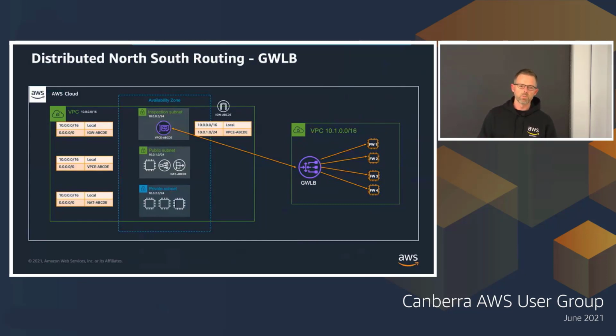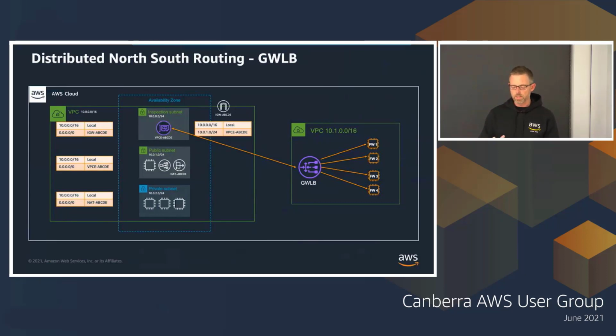So basically, if you've got traffic originating from that private subnet down the bottom, it will go through the NAT gateway, get NATed, and then go up to the Gateway Load Balancer endpoint, disappear off to the Gateway Load Balancer, get inspected, firewalled, whatever it is, return to the Gateway Load Balancer endpoint, and then go out to the Internet Gateway.